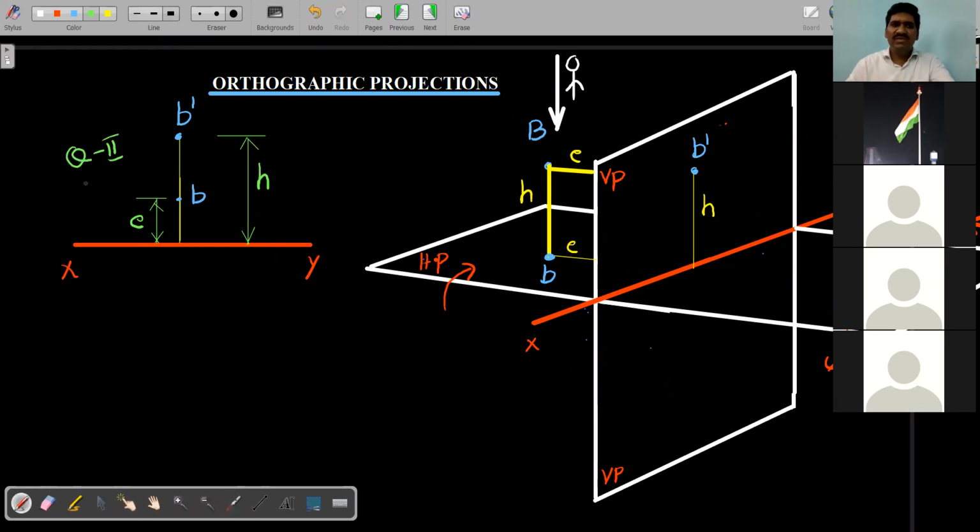Okay, so everything is as usual. Tell me, what is the front view, what is the top view now? Sorry, what is HP, what is VP now? Can you tell me where HP and VP are? This is VP and this is also HP. Let me tell you a small point, all of you.